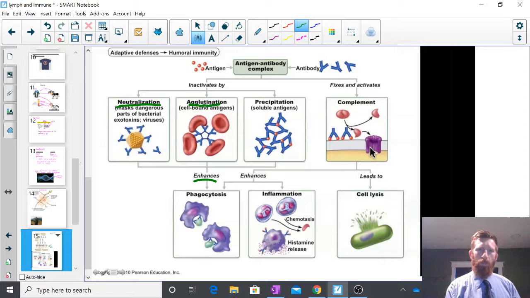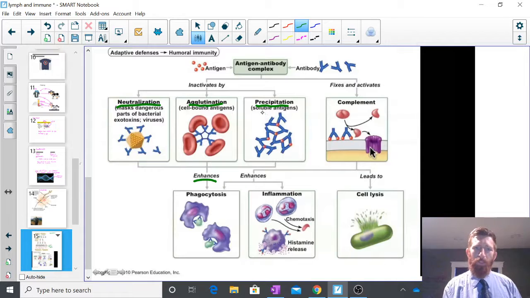Agglutination, right? If the antigen is an actual cell, it clumps all those cells together and makes it easier for these phagocytes or macrophages to find. Precipitation. Now, you chemistry nerds know that if you're not part of the solution, you're part of the precipitate, right? So precipitation is something that comes out of solution.